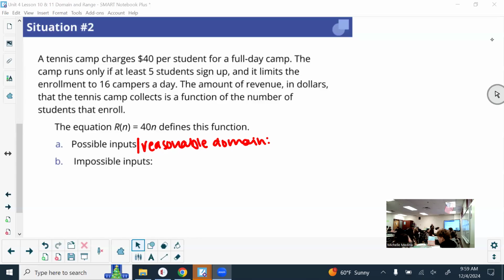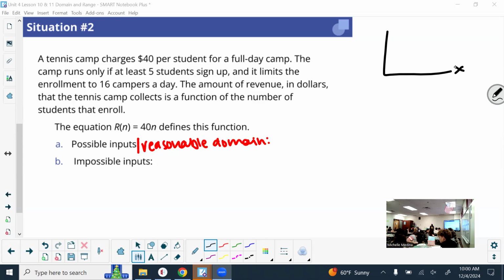In order to figure out what's possible or impossible, you have to know what you're talking about, right? So you have to know what the input is for the domain builder synonyms. Table 1, in this situation, what is my input? What would I graph on the x-axis? Okay, number of students that sign up.